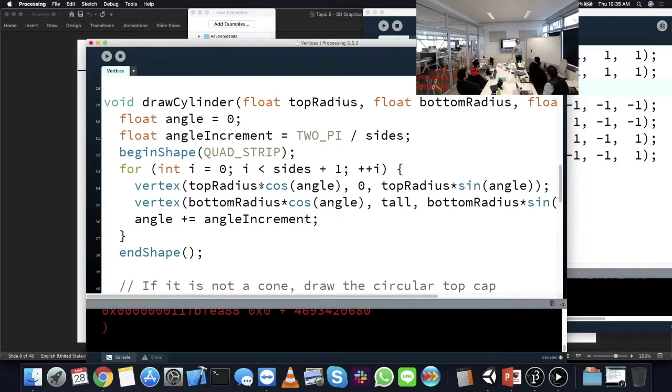So we have SOHCAHTOA, and you notice we have OH, AH, and OA, and the S, C, and T stand for sine, cosine, and tan. Basically the way to think of each of these is if we put them in a nice little pyramid like that, we have, wait, hold on.